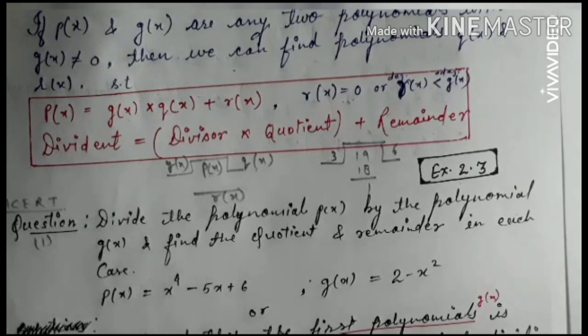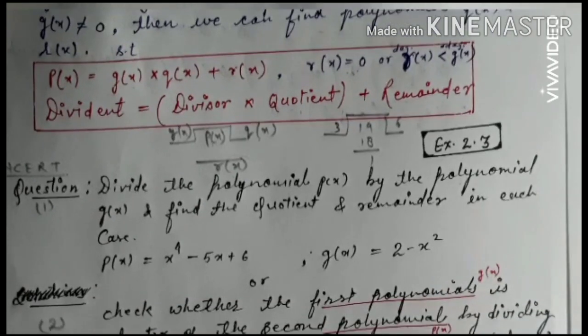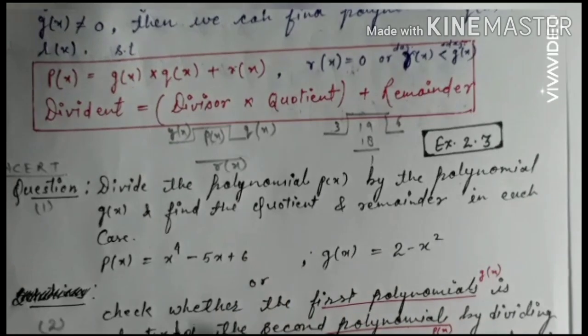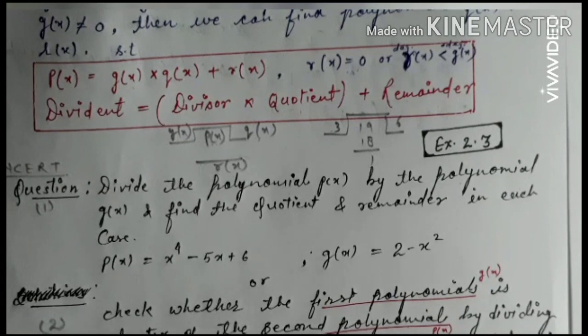Here is one more thing we are doing, a question of NCERT, first question of exercise 2.3. Divide the polynomial p(x) by g(x) and find the quotient and remainder in each case. Or, these questions are of a different type: check whether the first polynomial is a factor of the second polynomial by dividing the second polynomial p(x) by the first polynomial.